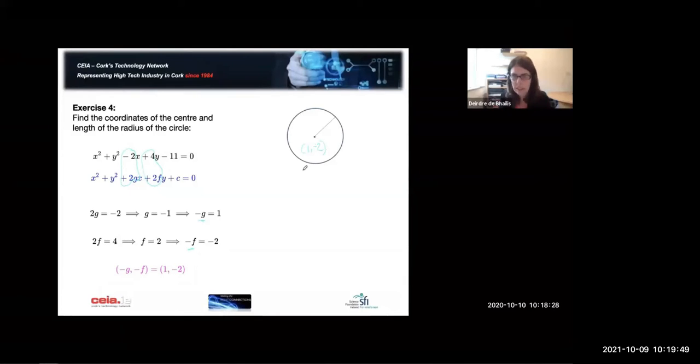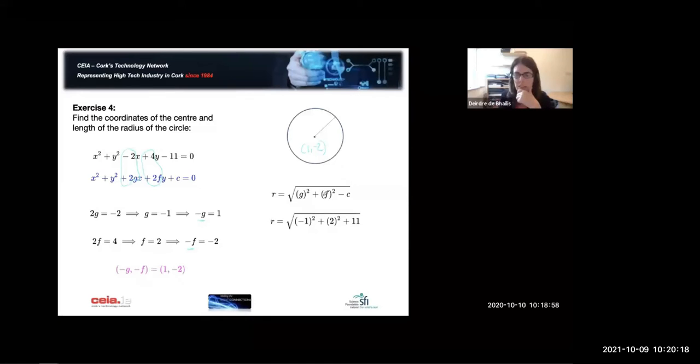Now we're looking for the radius, and again, in our tables, we're given the formula to calculate the radius from this format of the equation. That's r is equal to the square root of g squared plus f squared minus c. So populating that, g we know from here is minus 1, so we pop that into the equation here.